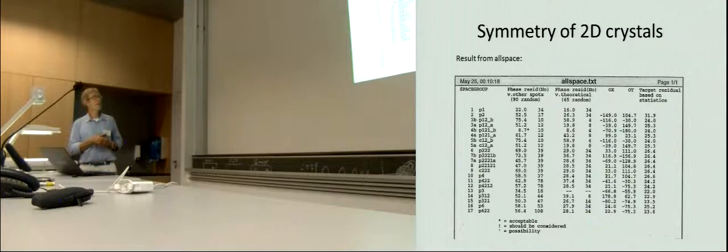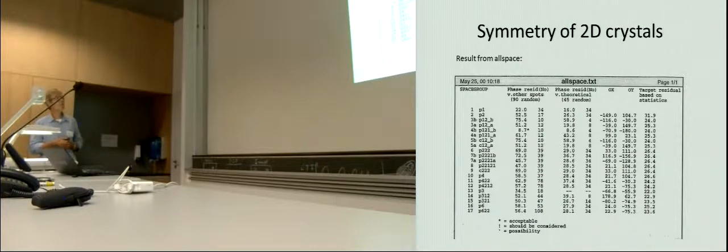Actually, is it so that the phase residuals versus other spots have to be significantly below the target residual to be significant? Yes. And acceptable? Yes. And the target residual is just based on the background values or so? Target residual is, I think, a combination of this theoretical value and the comparisons to other spots.